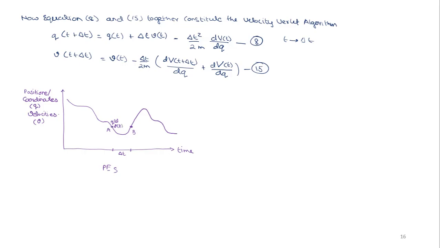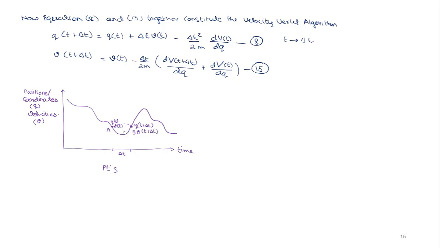So our objective was to predict, when this delta t time has passed and your system has now reached point B, the coordinate at time t plus delta t and the velocity at time t plus delta t. It was as simple.